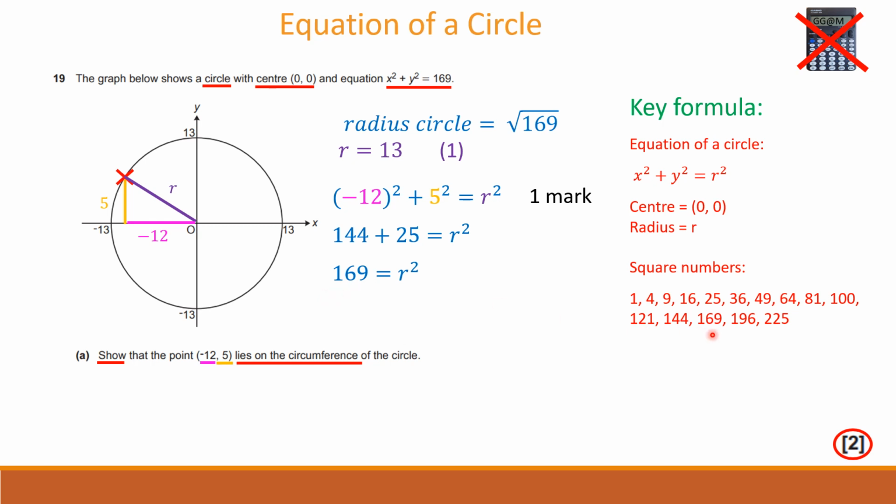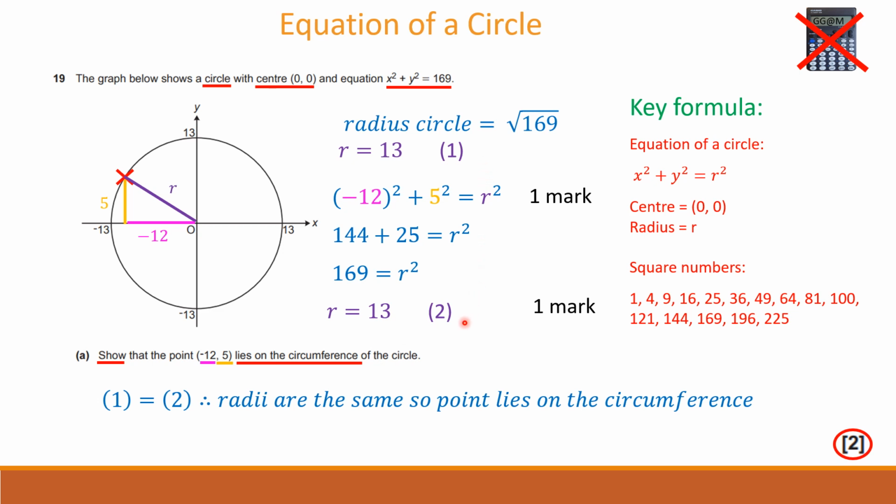We already know the square root of 169 is going to be 13, which is the same as what we got up here. I've labelled the top equation 1 and I've labelled the bottom equation 2. Now these two equations are exactly the same. So we just need a concluding sentence saying that the two equations are the same, therefore the radii are the same, so the point lies on the circumference.